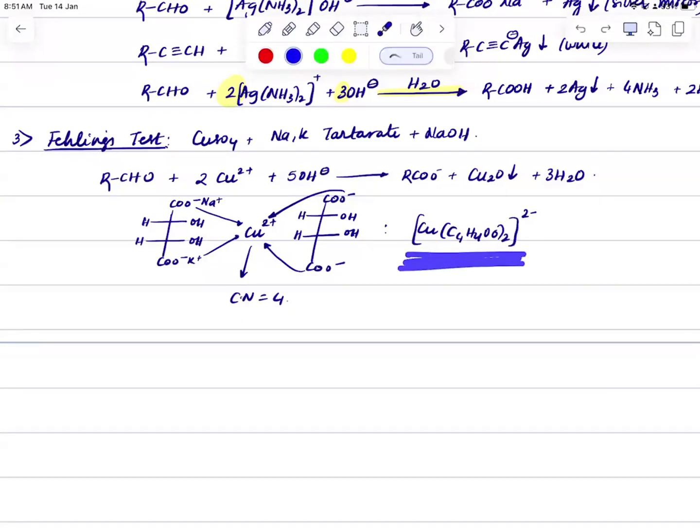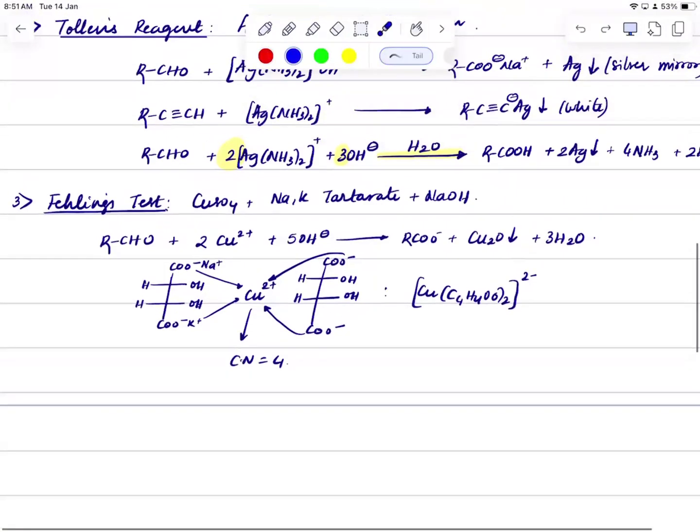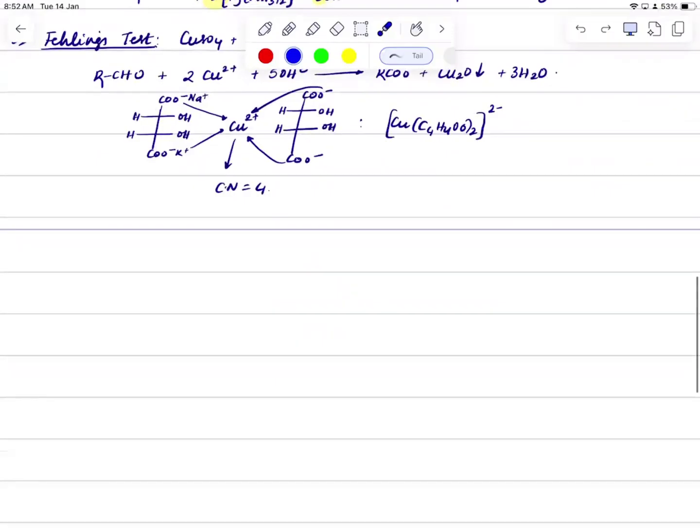This is a representation; keep this in mind when it comes to Fehling's solution. Clear? Typically Fehling's and Benedict are almost the same. Only Benedict has citrate, sodium potassium citrate. That's it.